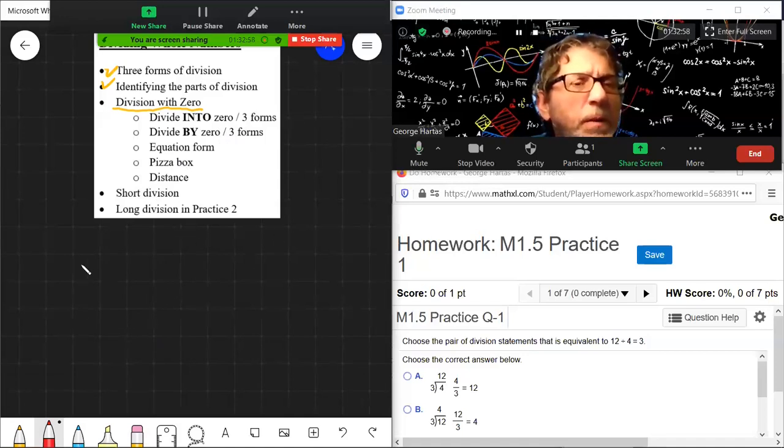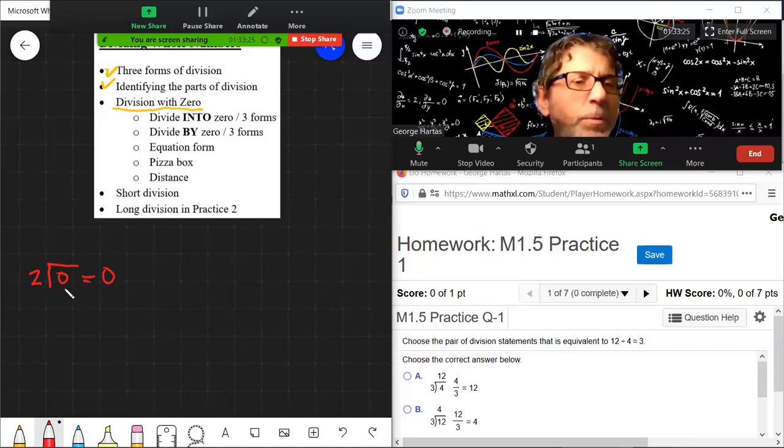Let's say we have 2 divided into 0. Whenever we divide into 0, the answer is 0.